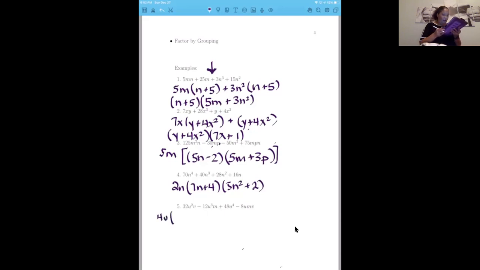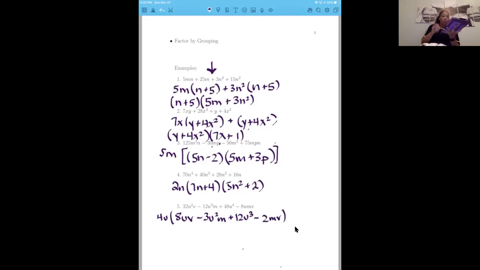If I factor out a 4u from the first term, I get an 8uv. From the next term, I get a 3u squared m. From the next term, I get a 12u cubed. And from the last term, I get a 2mv.